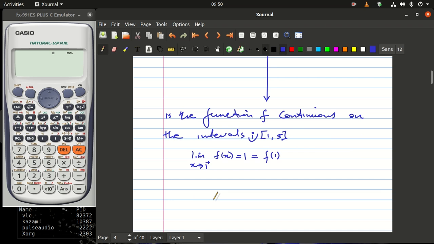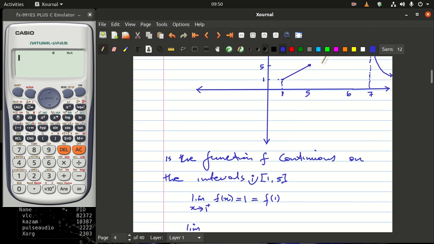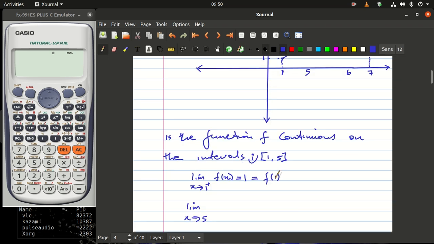And then the second thing that I need to find out is the limit as x approaches 5. But when I'm approaching 5 on this interval, I'm outside this interval when I'm saying 5 comma something. So to get something close to 5, I need to be on the left of 5. Hence we have a minus on top to say that we're on the left of 5 of f of x.